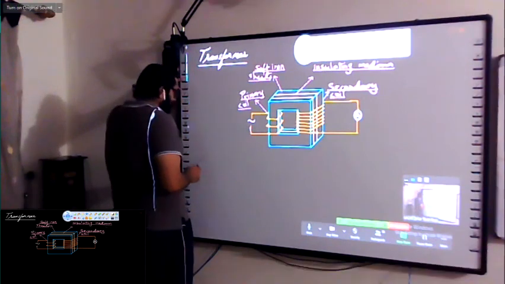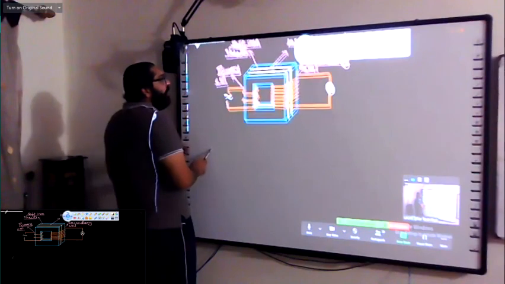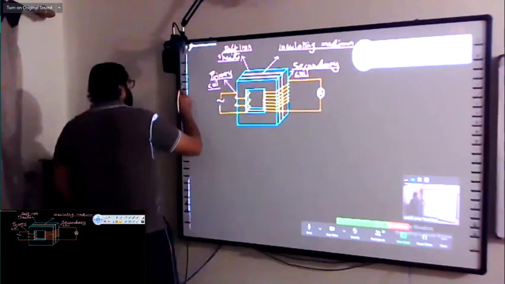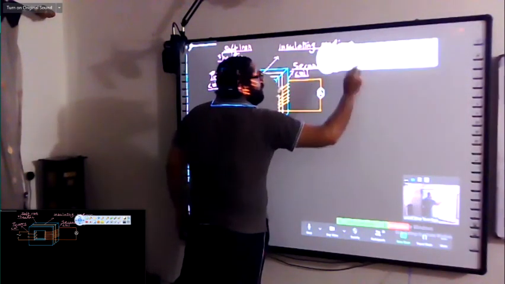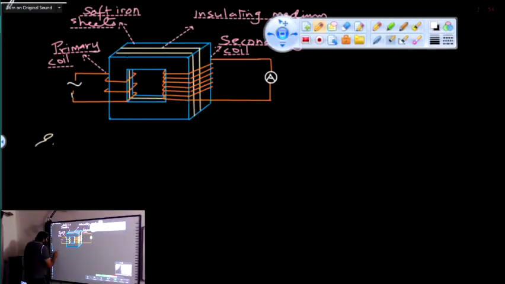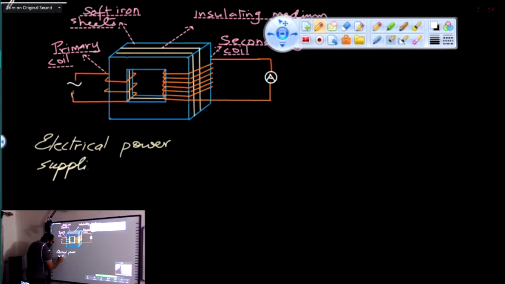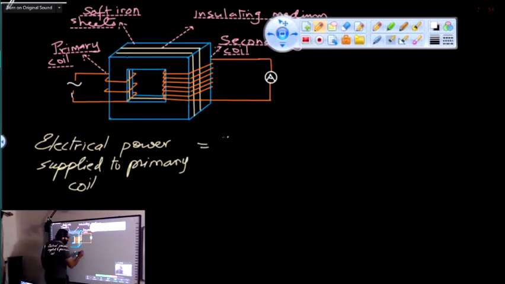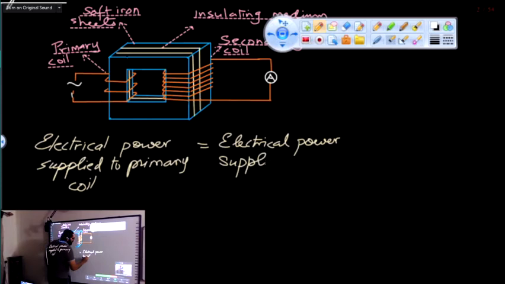Remember, an important part of a transformer is that electrical power supplied to the primary coil is always equal to electrical power supplied by the secondary coil.